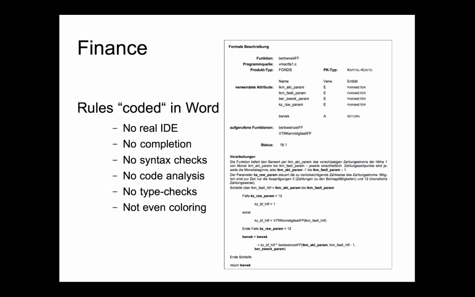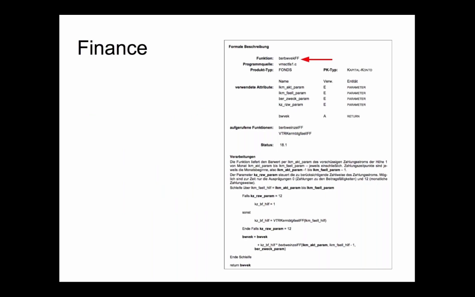It's an insurance company in Germany that has a department of financial experts, and they write rules to run the insurance business. They understand insurance. They have some technical background, but they're not developers. So they write in Microsoft Word. They write these documents that describe the rules.